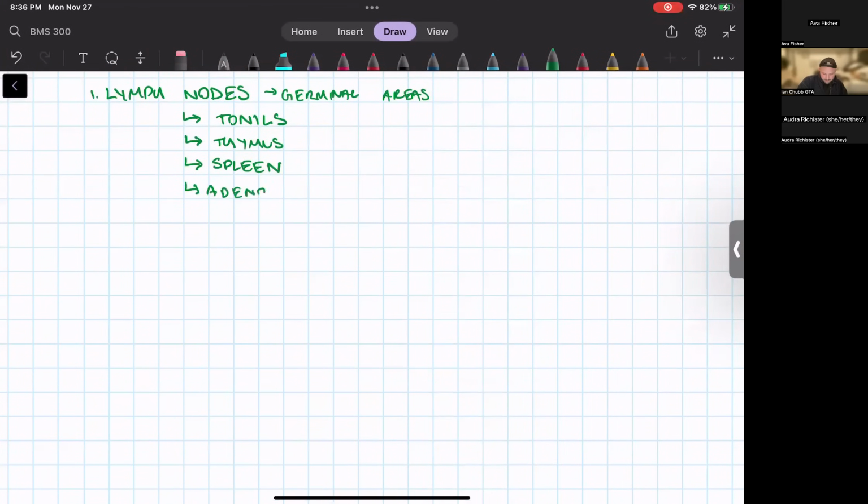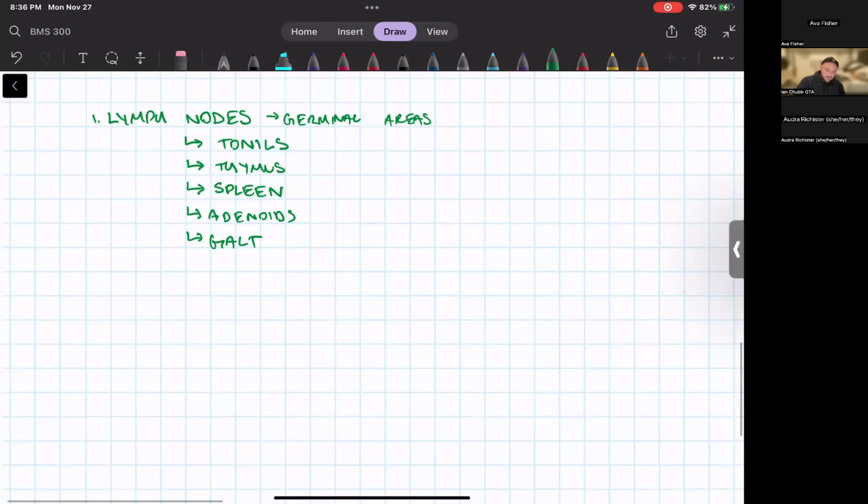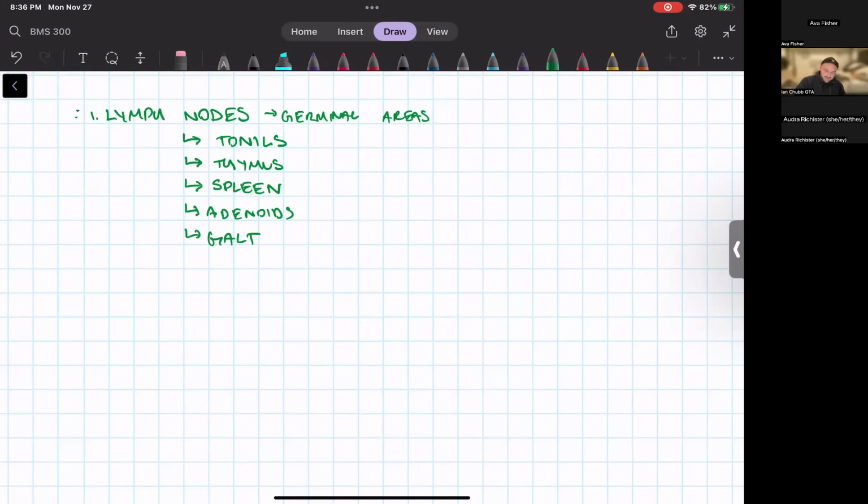And then we do have some GALT, which is gut associated. These are going to be located all around the intestines and things like that. So we will have some areas that focus on cleaning out lymph and are considered secondary lymph organs because they do help with filtering out certain pathogens. But I think obviously we'll go through lymph node and everything like that. Tonsils are important. GALT is important, but we'll go through it. Okay.